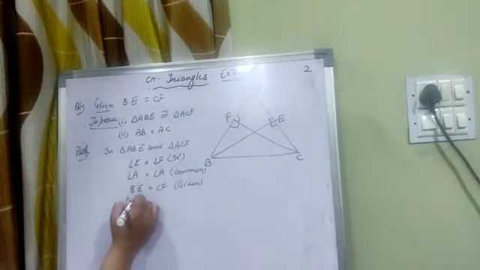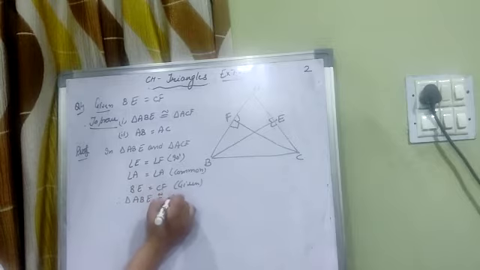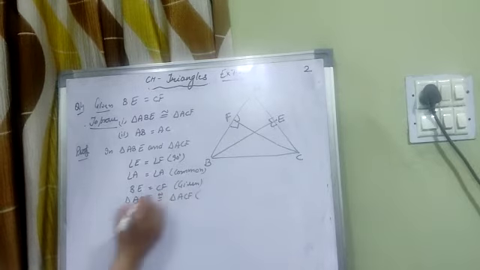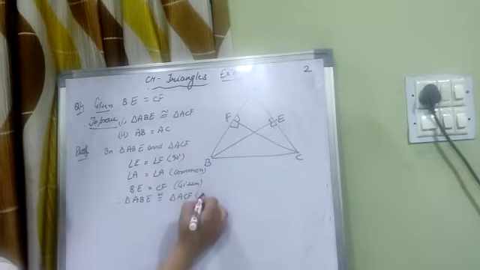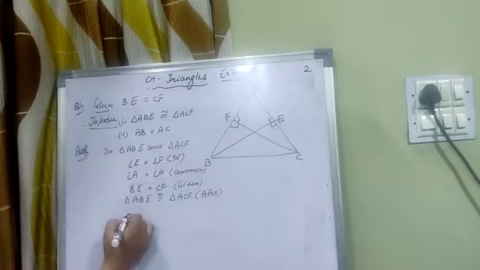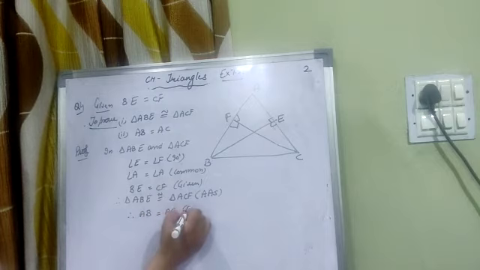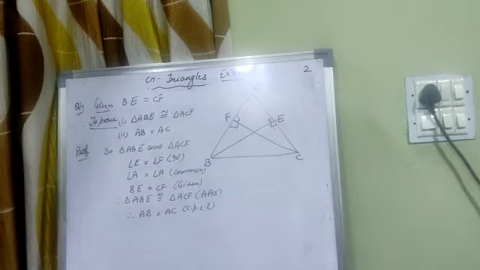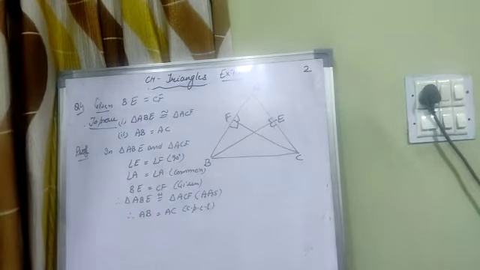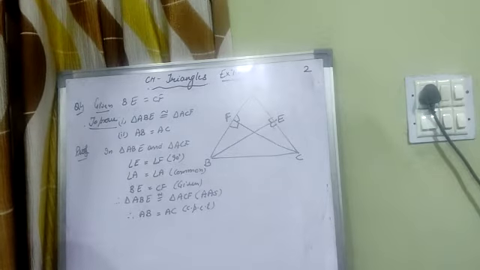Therefore, triangle ABE is congruent to triangle ACF by AAS. Therefore, second part, AB is equal to AC by CPCT. Clear? Now let us do the next question.